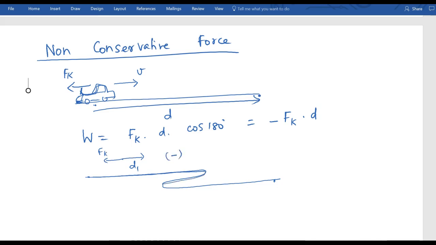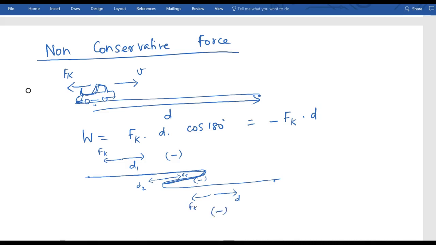When the car is going back this way, displacement is this way, but friction is still opposite, so it is 180 degrees to displacement and the work done is still negative. Again, when the car moves in this direction, displacement is this way, friction is this way, so again the work done is going to be negative.